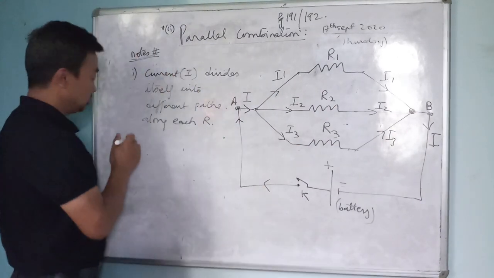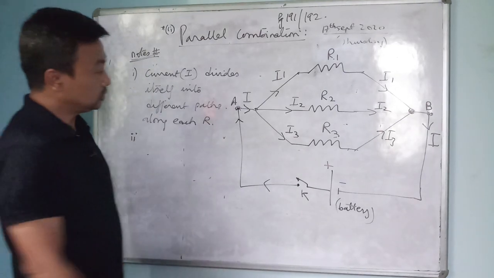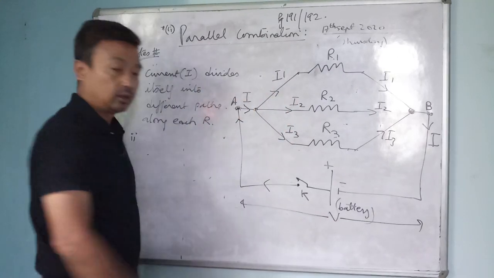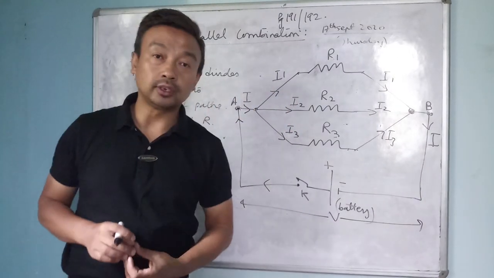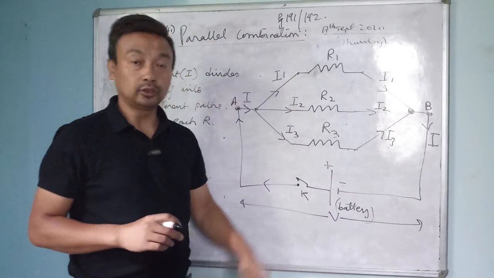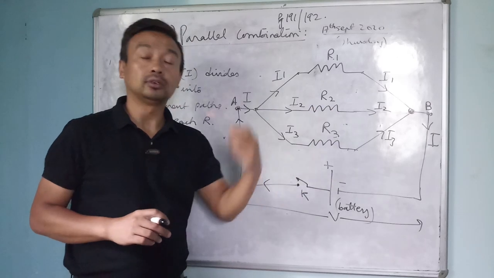And the second point we observe here is the total potential difference for the entire cell. Suppose I take it as V, the total potential difference between the points A and B, that means for the entire circuit, this potential difference will remain the same for the individual resistor.